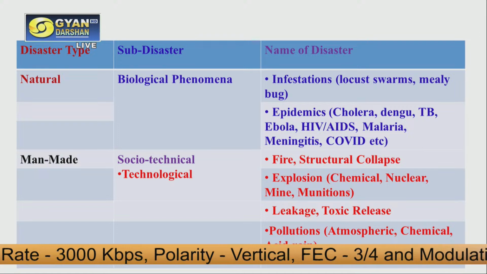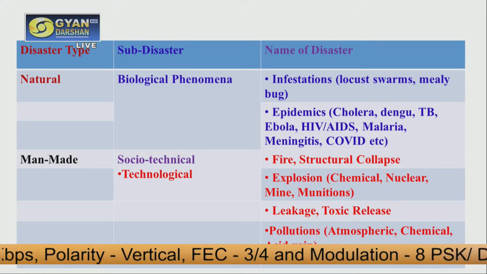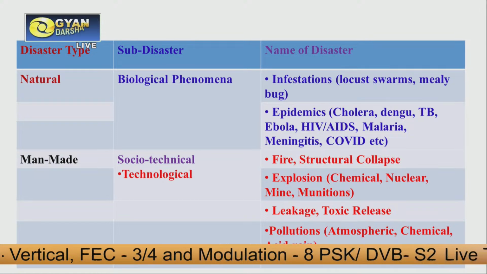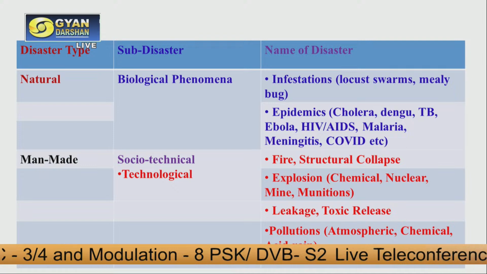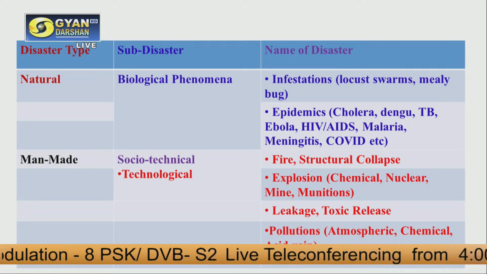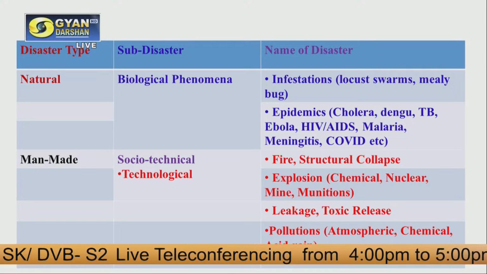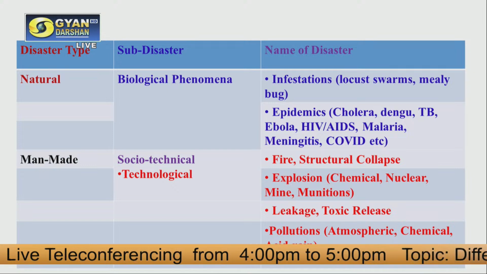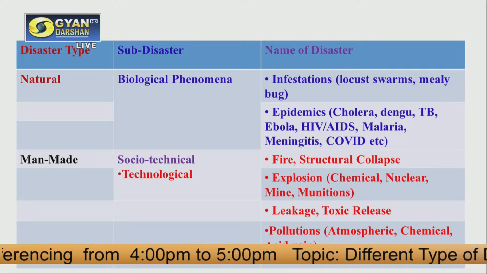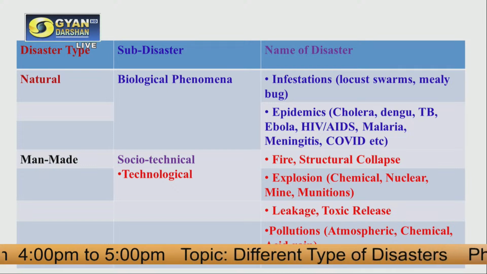These were the natural disasters basically. Then the next category is man-made disasters. In man-made disasters, one important subcategory is socio-technical disasters. Under this socio-technical, again we are taking different categories.